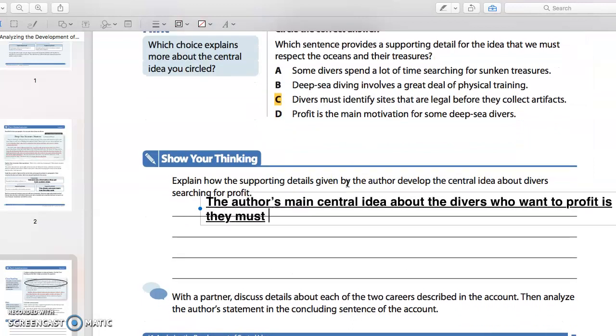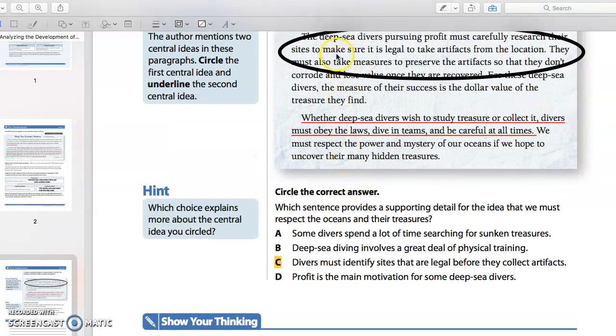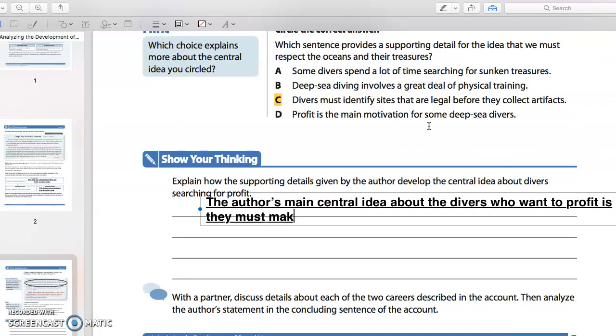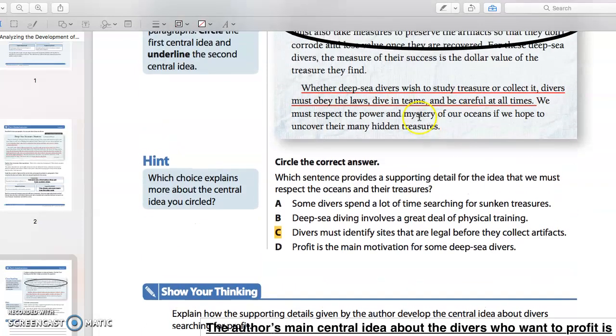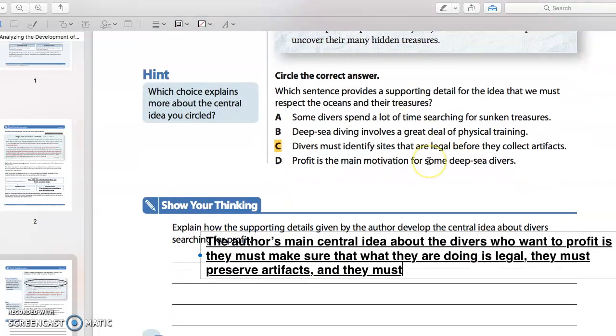They must make sure it is legal, preserve them, and obey laws. They must make sure that what they are doing is legal. They must preserve artifacts, and they must, right here we said, obey laws.